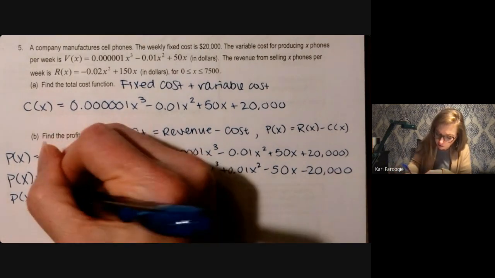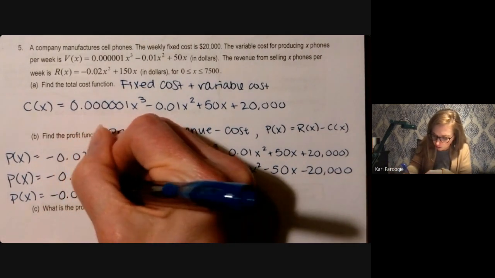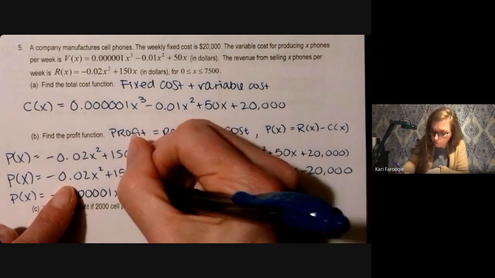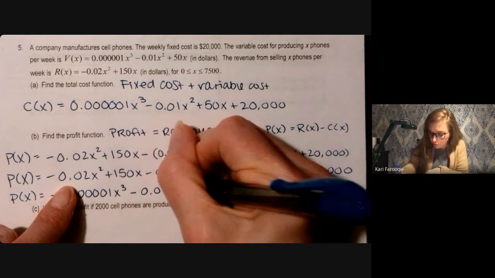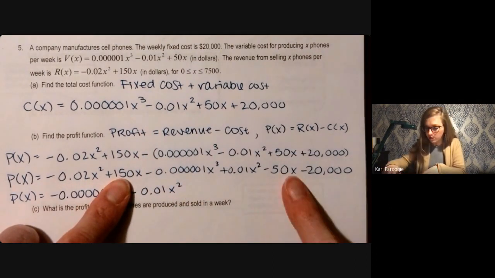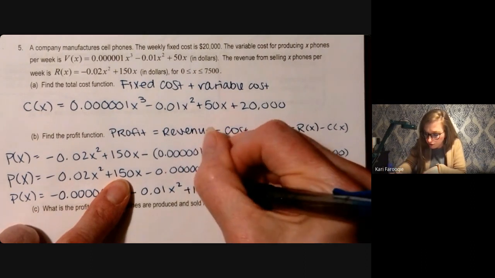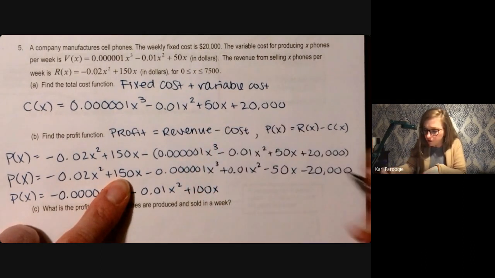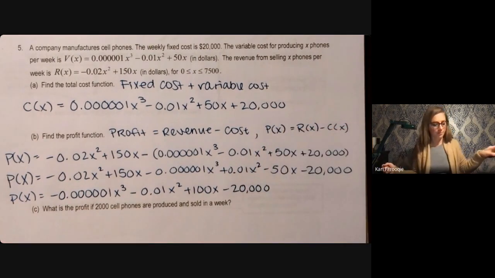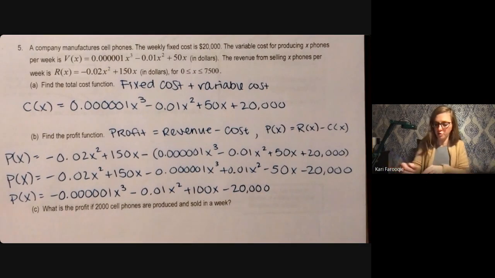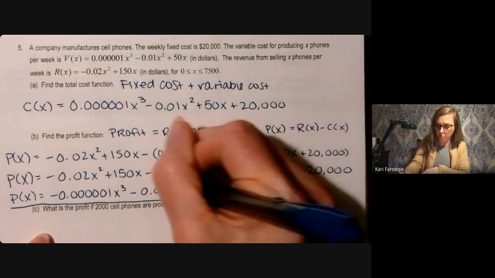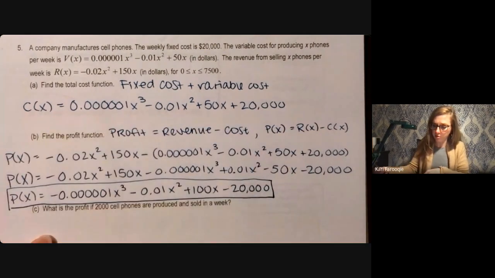I'm going to write my terms in descending order. So for the x squareds, we get minus 0.01 x squared, and then 150x minus 50x, so that's plus 100x, and then minus 20,000. So that is your profit function based off of selling and producing X numbers of phones.